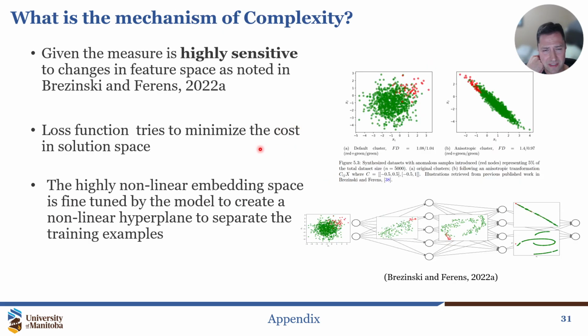So the thing is, I talk about complexity and how it's a very good feature extractor, fairly highly compressible. So one thing to note is that the measure is highly sensitive to changes in the feature space, as noted in 2021A. So this is in the previous work.